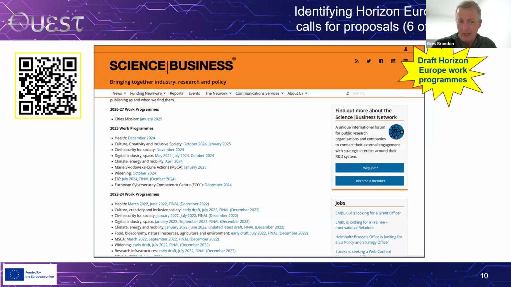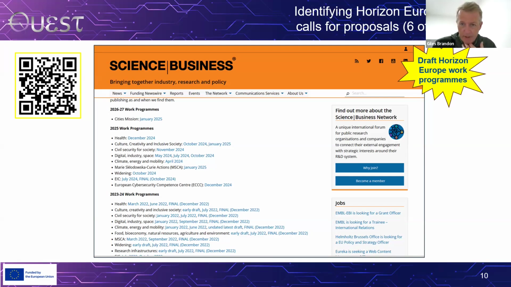But be careful, there are always chances for changes. So always go back, look at the drafts, get a bit of a heads up on what's coming up, but make sure when you're coming down to the nitty-gritty details of preparing a proposal that you've got the finalized formal one issued by the Commission.